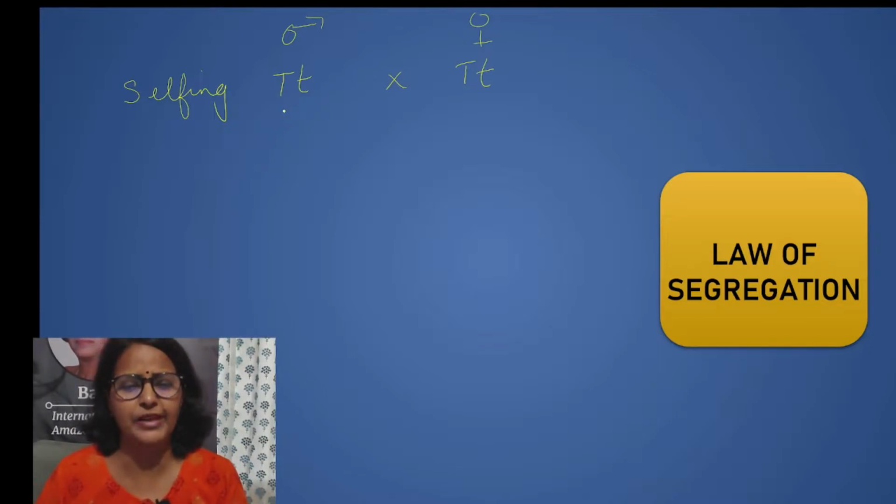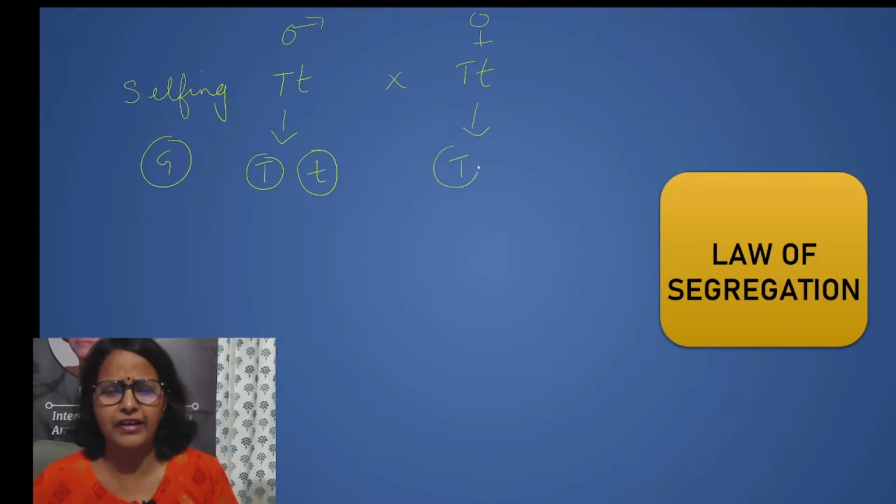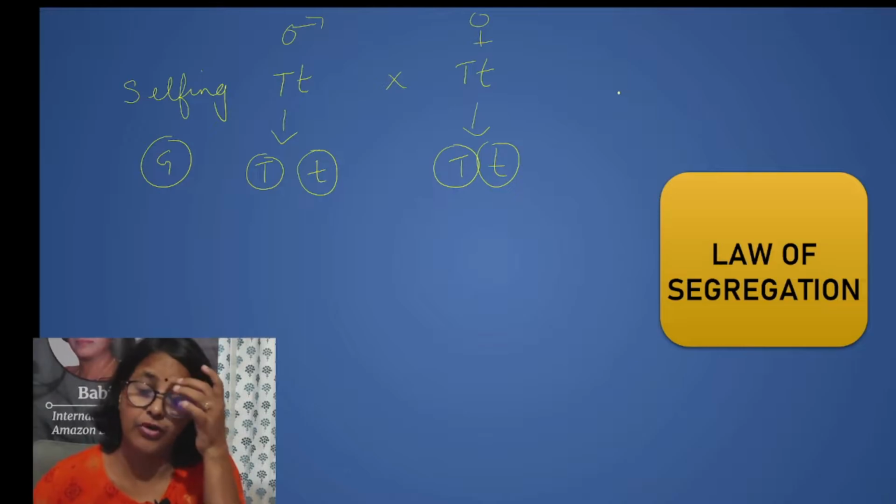Two types of gametes will be produced. So this is G, gametes. What are the two different types of gametes? Capital T, small t. There is a rule for finding out how many gametes can be formed.